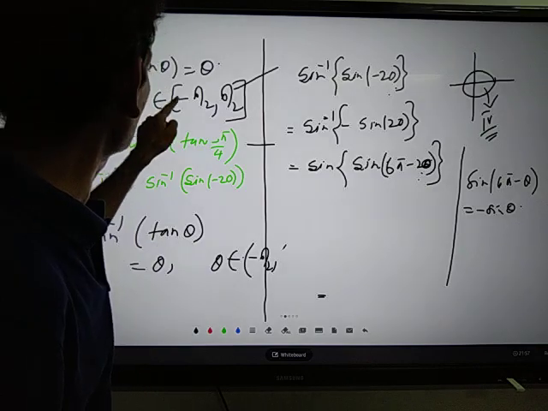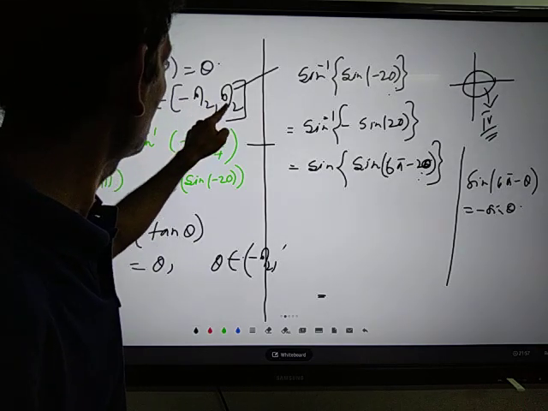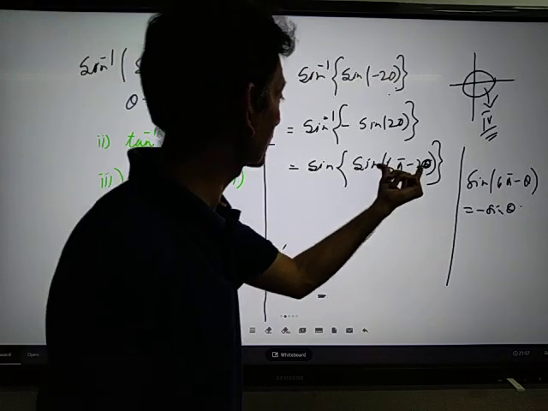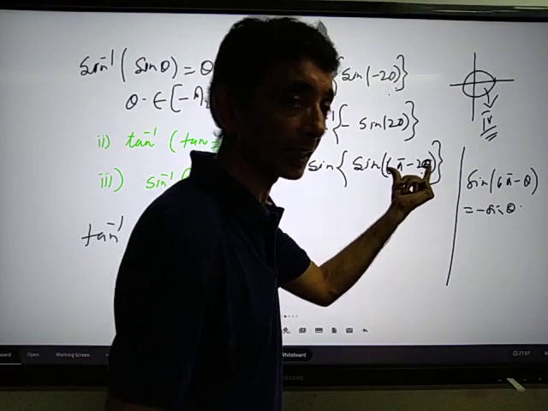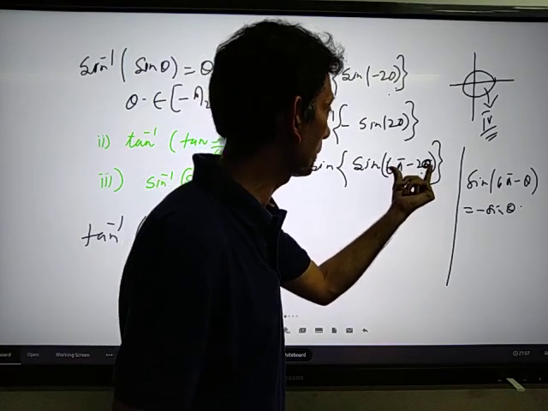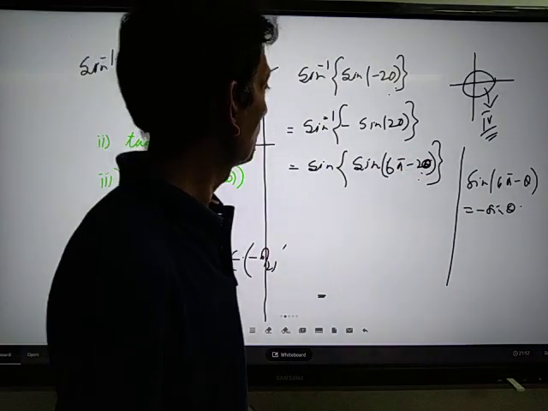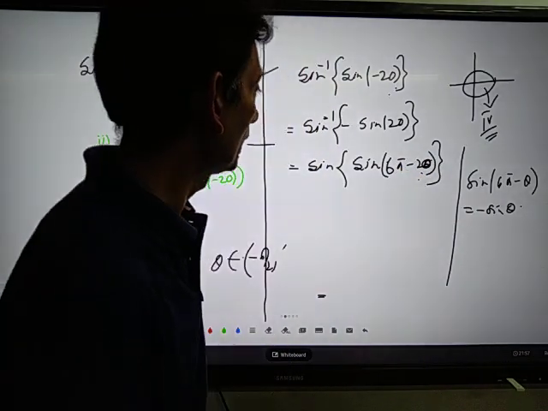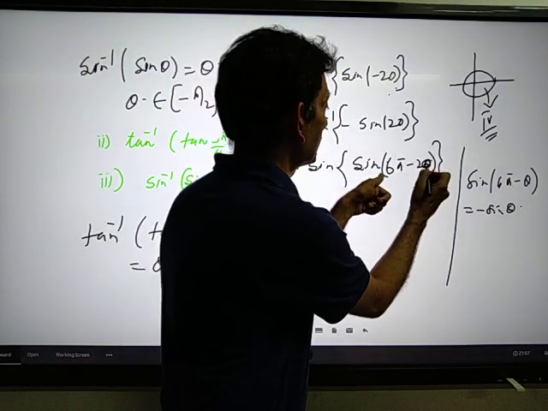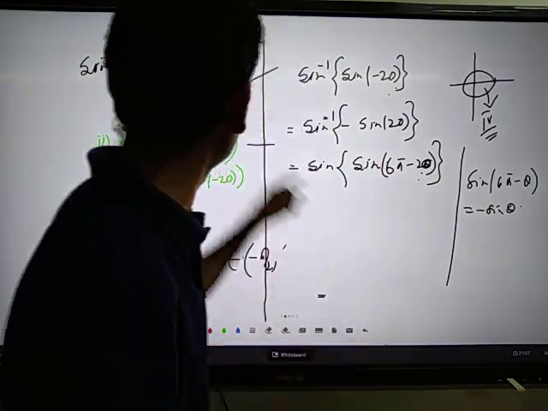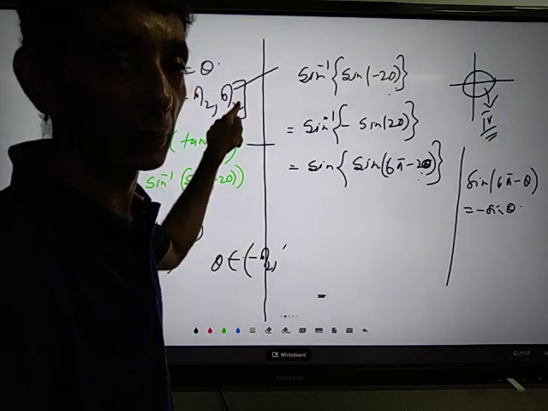Therefore, with this 6 pi, you have to write an angle here so that 6 pi minus 20 should lie between minus pi by 2 and pi by 2. Now if you calculate 6 pi minus 20, it will lie between minus pi by 2 and plus pi by 2.